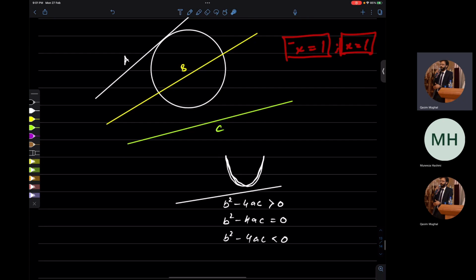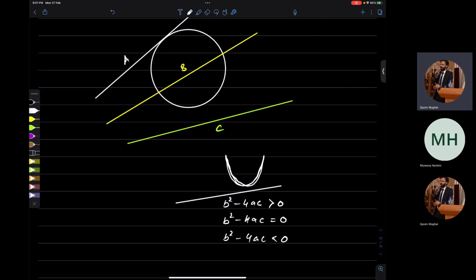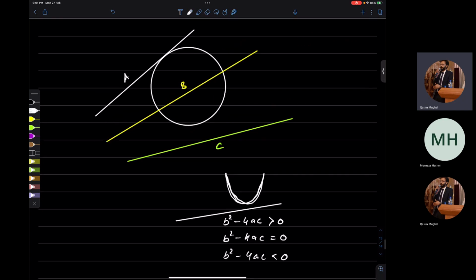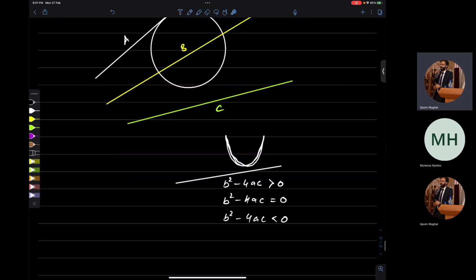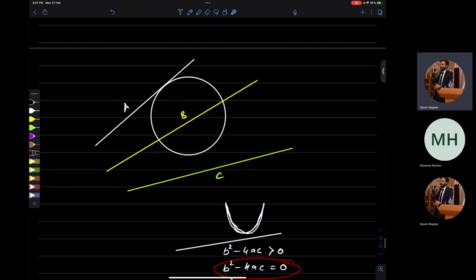When do we get this type of situation? When we have two repeated roots, it means the discriminant is 0, which means that particular line we solved with the equation of the circle is actually a tangent to the circle.